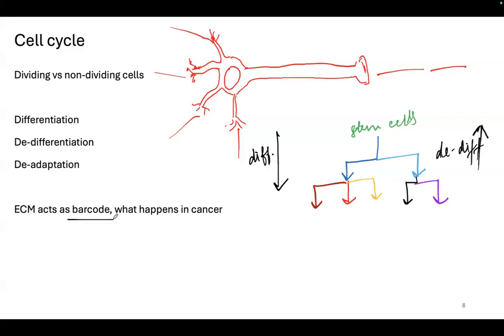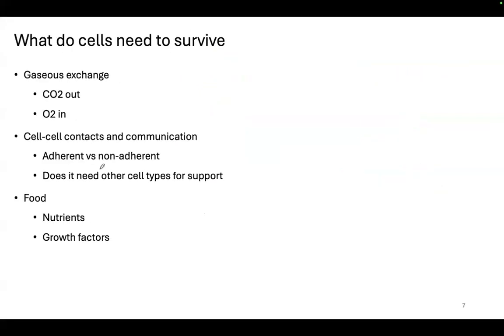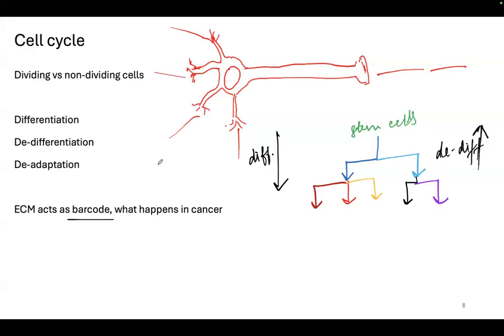But when a cell becomes cancerous, it loses that requirement. When we're talking about adherent and non-adherent cells, one example of non-adherent cells is cancer cells, in addition to your blood cells. When you're culturing cancer cells in the lab, they don't necessarily need a base. We'll talk about these in more detail in the upcoming lectures.